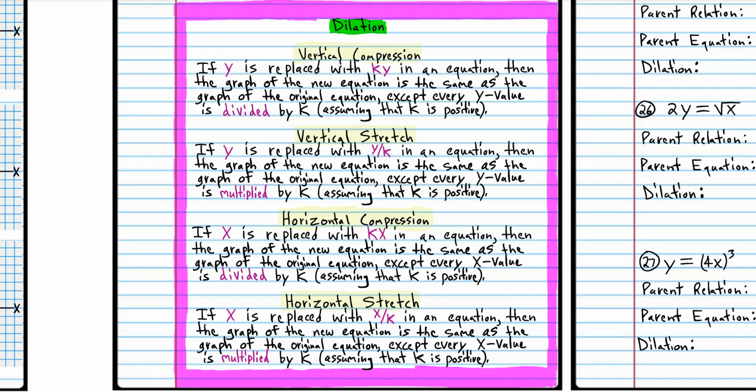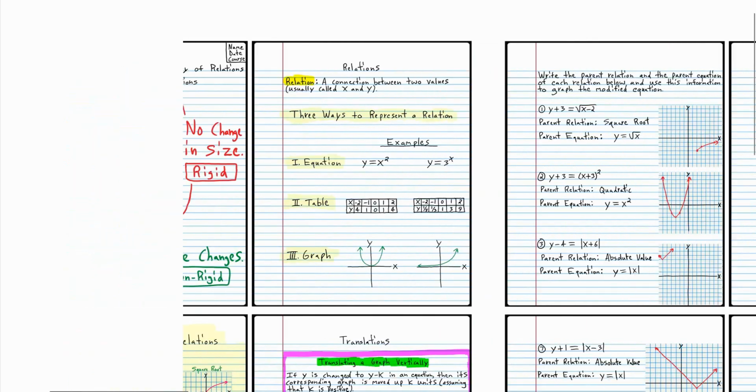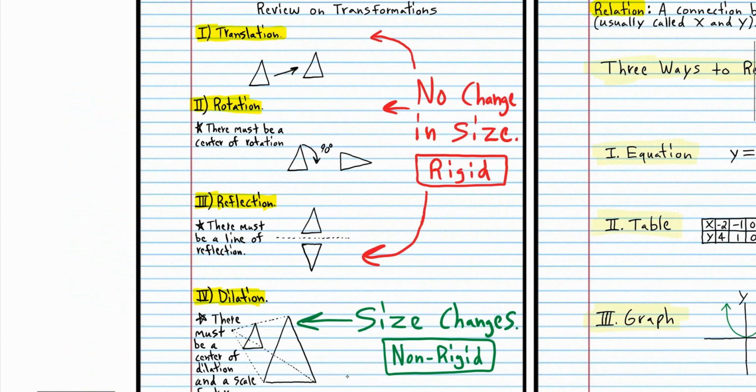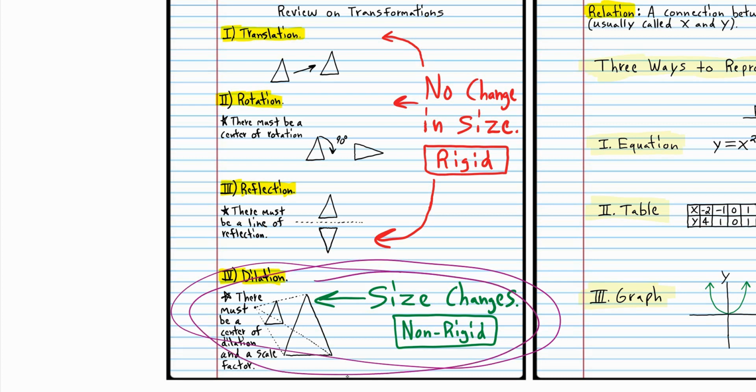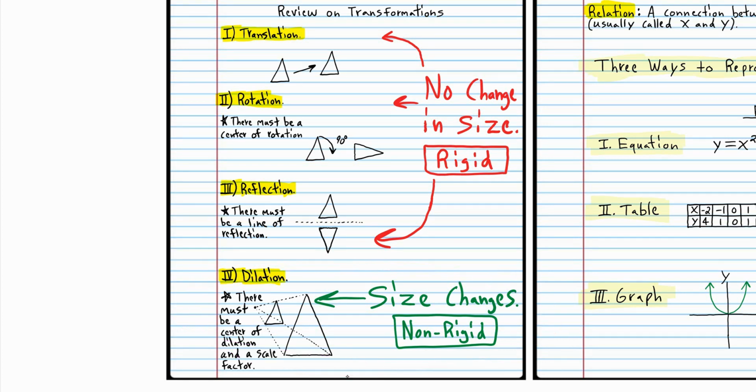Okay, now we're going to move on to the third type of transformation we're going to study in this course, dilations. I want you to be aware that dilations are much different from the transformations we've studied so far, because dilations are non-rigid. What that means is when you dilate a graph, you actually change the shape of the graph slightly.